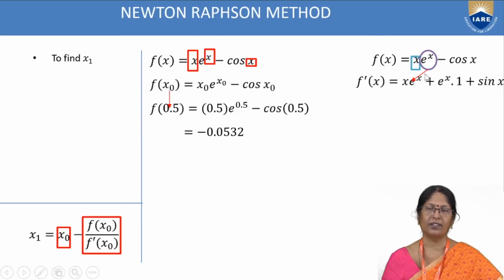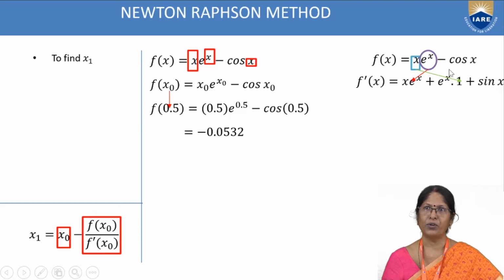This red small arrow mark indicates the differentiation of e power x, plus e power x as it is written. This green arrow marker indicates the differentiation of x is 1.